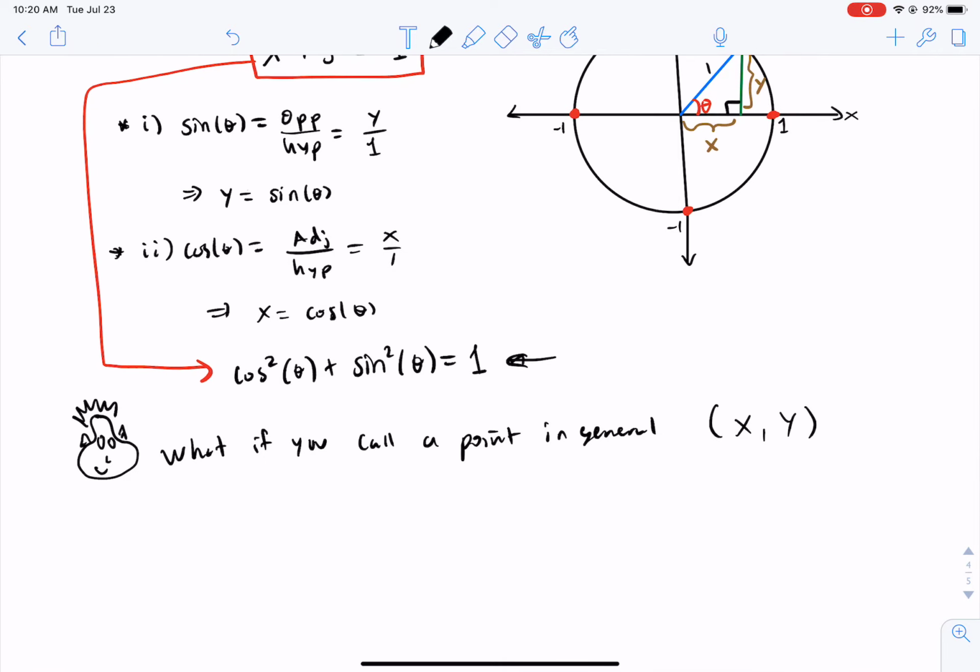But if you're calling a point x, y equals cosine theta, sine theta, what if you decide to do that? Say that x is always going to be cosine theta and y will be sine theta. They're going to create a unit circle. That's what we get out of that.